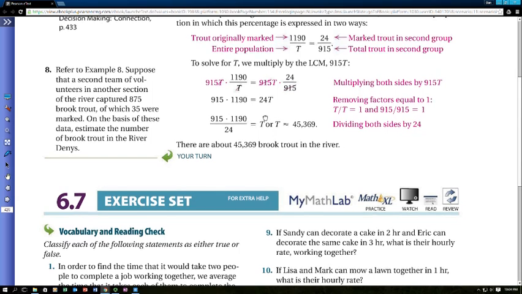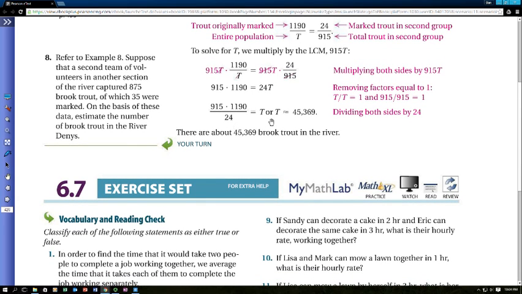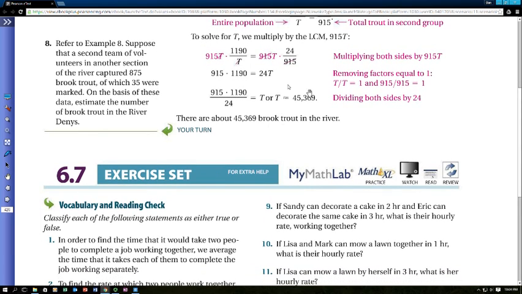Well, they clear fractions and solve, and they get T is approximately 45,369. So based on that, there are a lot of variables in when they captured those fish or counted them and whatever way they got them, that could tilt it.